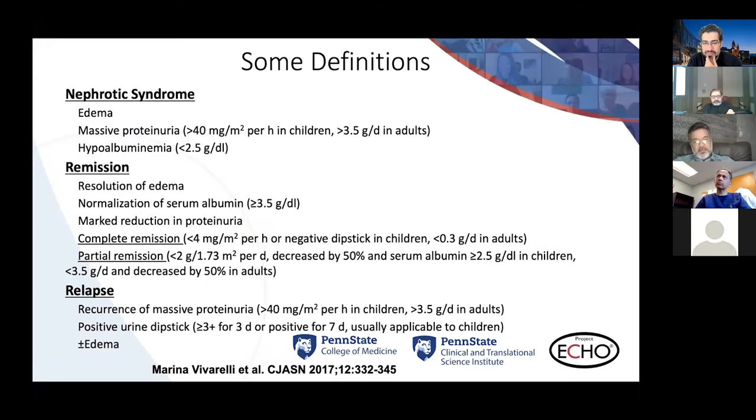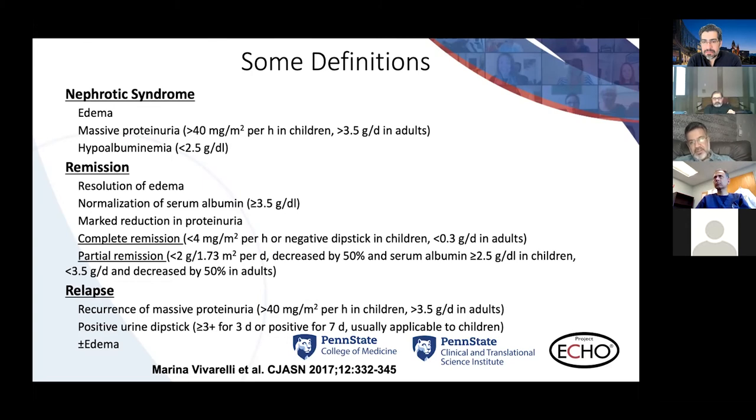Recently, IPNA, the International Pediatric Nephrology Association, has come up with guidelines on nephrotic syndrome, and KDIGO also came out. So all these things have been revised now, including the definition. For the definition of nephrotic syndrome, they have made edema plus or minus now. So you don't really need to have edema for the diagnosis. It's just massive proteinuria, and they have given it as a gram per meter square.